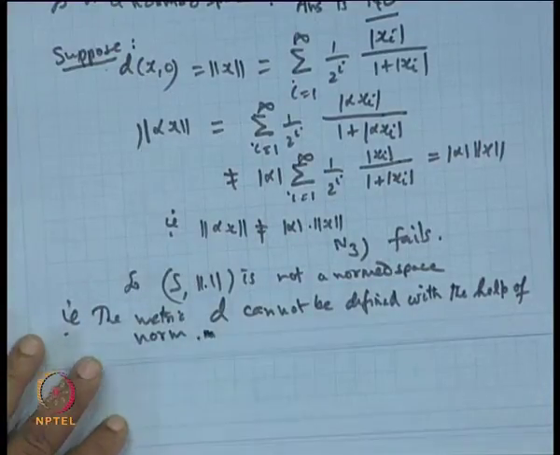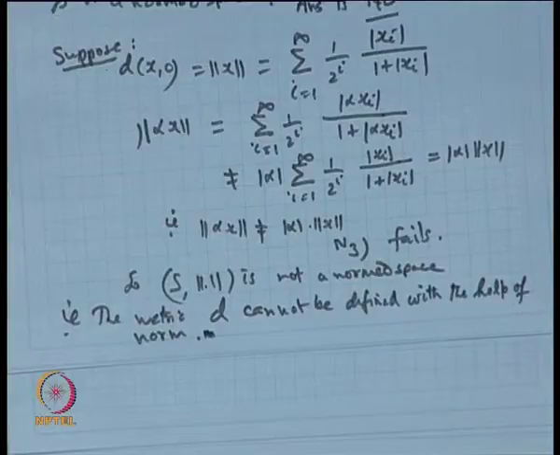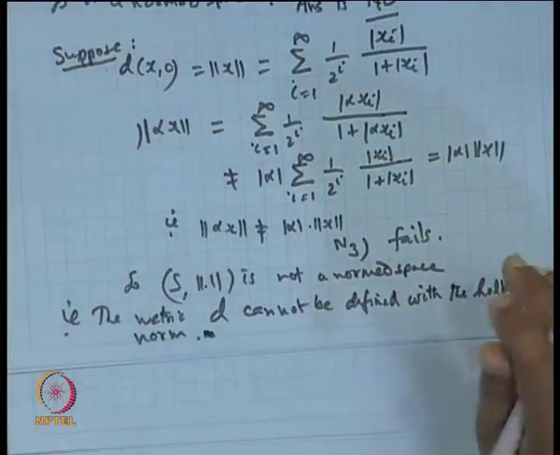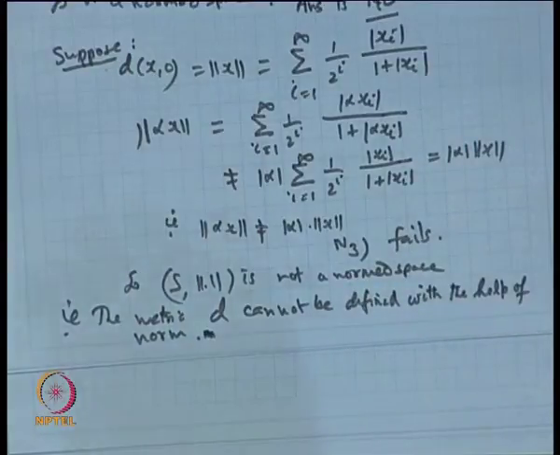That is, d(x, y) equal to norm of x minus y we cannot introduce, because it does not form. So, what we conclude is that every norm space is a metric space, but a metric space need not be a norm space. Clear? Now, let us see a few examples where it forms both a norm space as well as a metric space.